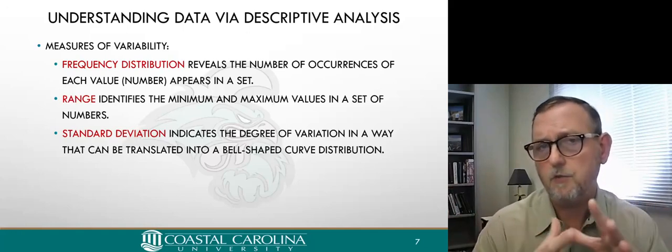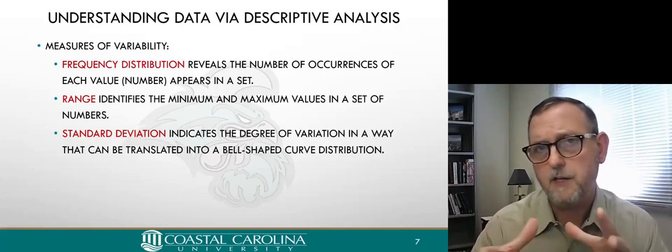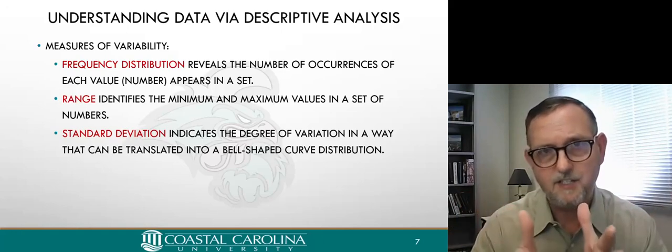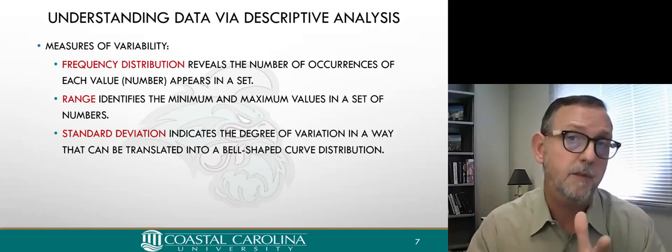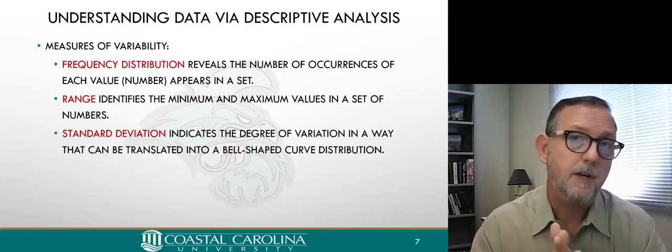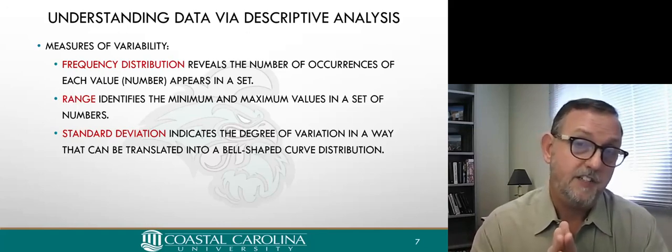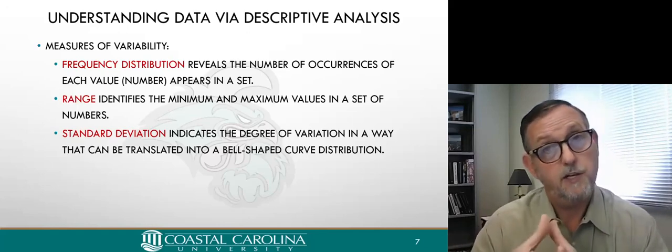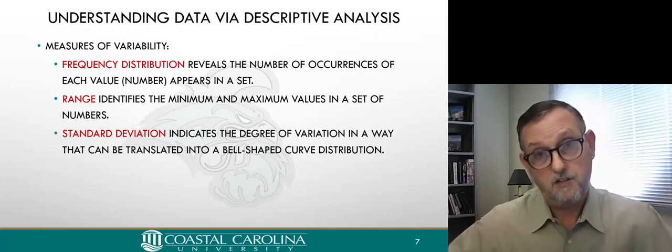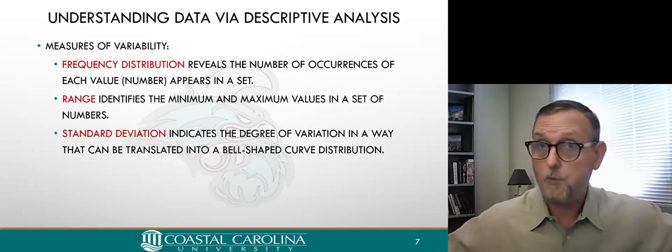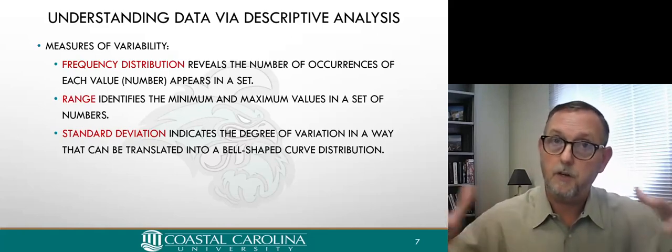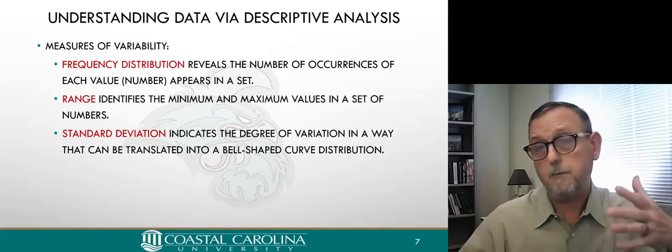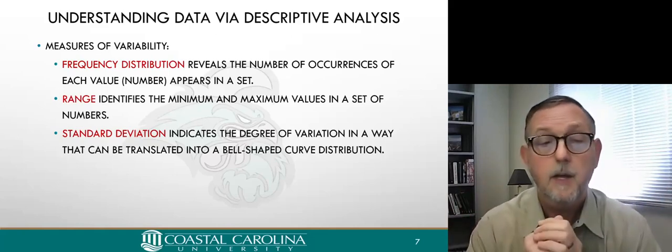When we look at standard deviation, we're looking at a set percentage of respondents that fall within a distance from the mean, from the average. So again, if that standard deviation is larger, it means that a greater percentage of respondents fall across a wider range on either side of the mean, on the positive side or the negative side.